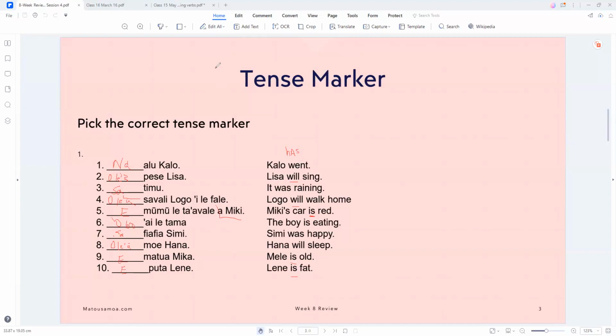So that's when we would say Ua. Ua alu Carlo. Carlo has went. All right, so that would be our Ua. It's present tense, but you're updating, letting somebody know this is what happened or this is what's going on. Okay. Let's go to another.